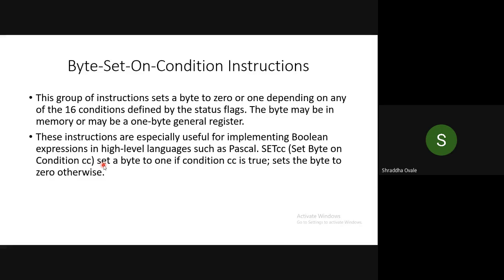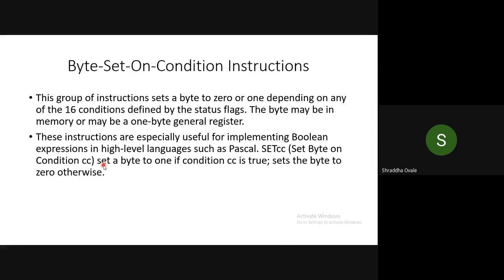So the byte may be in memory, or it may be a 1 byte general register. As usual, the byte may be in the memory or in a general register. These instructions are especially useful for implementing Boolean expressions. Means what? This SETcc is mostly used in Boolean expressions in high level languages such as Pascal.